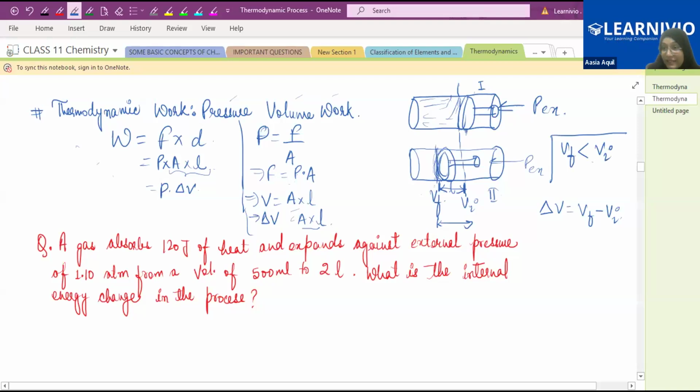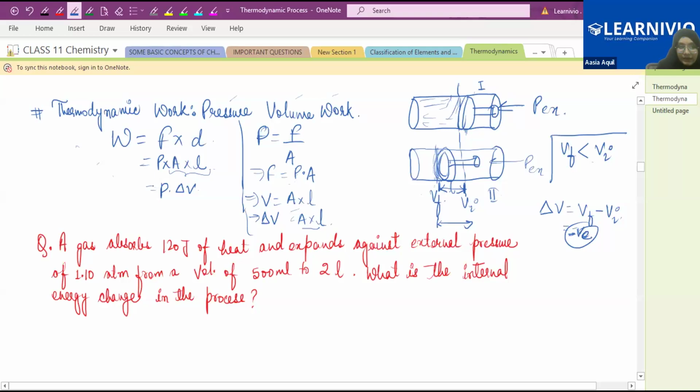If VF is less than VI, then delta V will be negative, because you are just subtracting VF minus VI. So if VF is small as compared to VI, you will get delta V as a negative value. Is it clear? Why it is negative? Okay. So that's why W equals to minus P delta V.